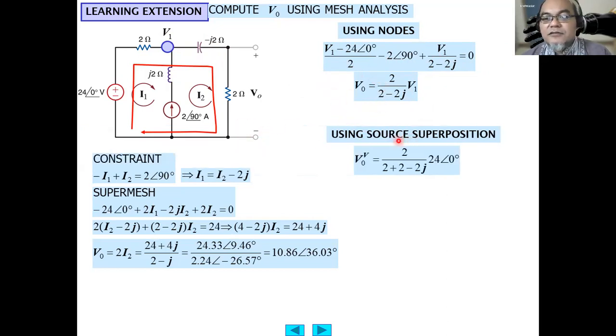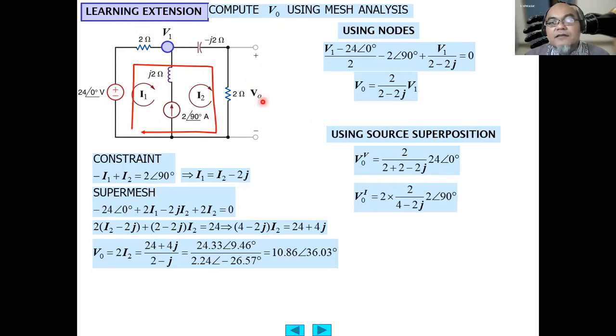Now using source superposition, first we calculate the contribution to V output from the independent voltage source only. In this case, the current source is disconnected, made an open circuit. Then V output due to the 24 volt source can be calculated using the voltage divider formula: 2 ohm divided by 2 plus 2 minus J2, times 24. The contribution from the current source is found by short circuiting the voltage source.